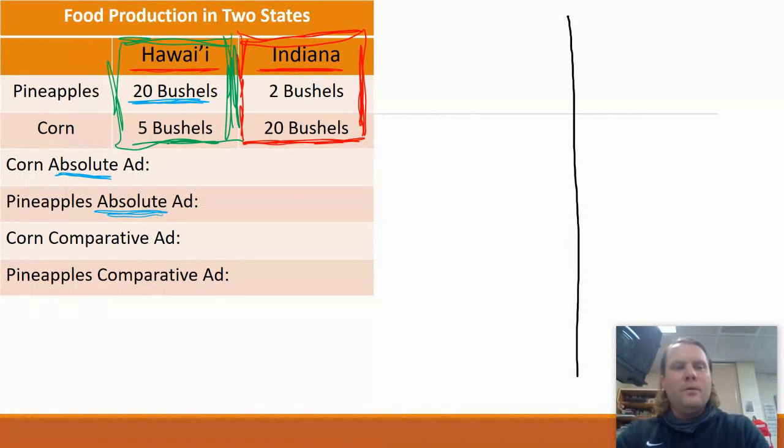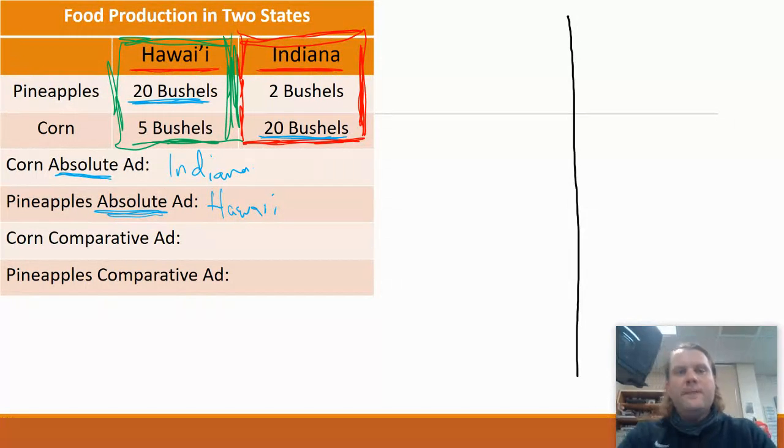Our pineapple absolute advantage is going to be Hawaii. Now, let's also look at the absolute advantage for corn. Indiana can produce 20, Hawaii can produce 5. Our absolute advantage for corn is Indiana. Straightforward, those are easy. We should never miss that problem.